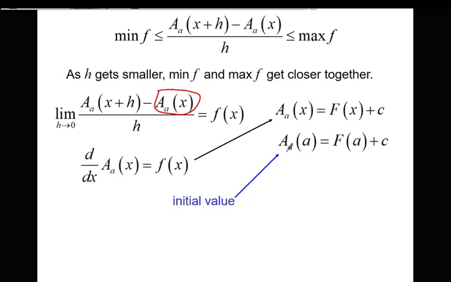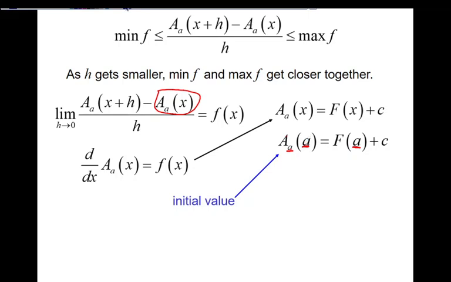This is where I'm starting. So I plug in a for x. The area from a to a is 0, because you can't have any area if you start at a and finish at a. So 0 equals F of a plus c, which means c is equal to negative F of a.